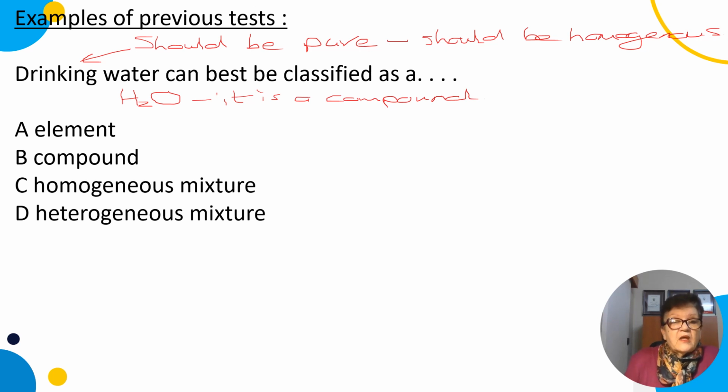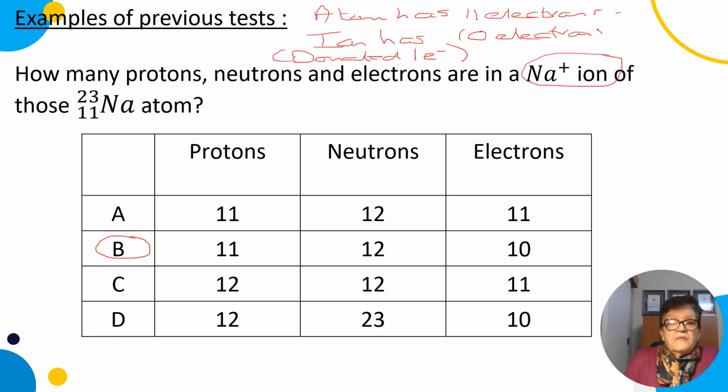Right. How many protons, neutrons, and electrons are in a sodium ion, Na+? The atomic number is 11, so it has 11 protons, which means it can either be A or B. 23 minus 11 is 12, so it should have 12 neutrons, so it's still A or B, but it's a sodium ion with a +1 charge.